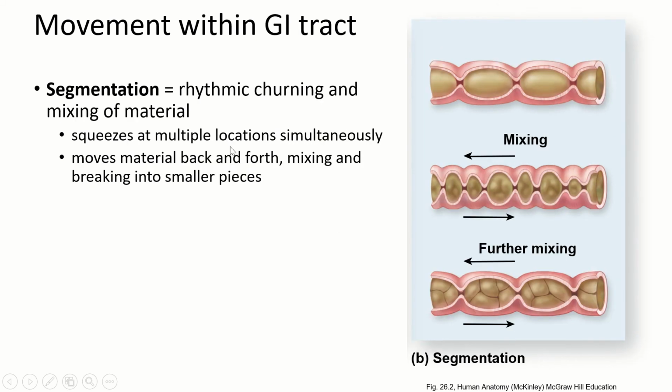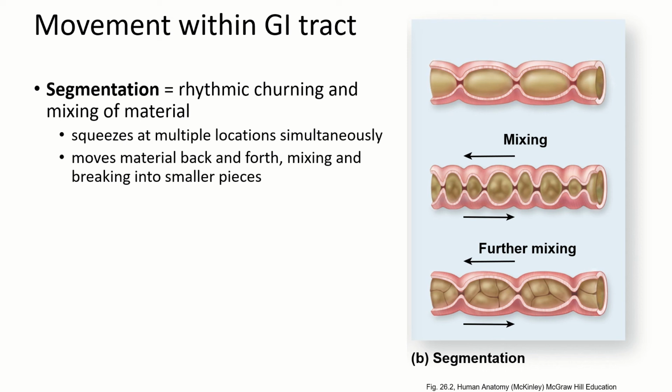Now, another kind of movement that happens in the GI tract is called segmentation. And segmentation is a churning and mixing of the material. So rather than just pushing one thing along, segmentation is going to have contractions that go in both directions to, first of all, mix material and also break it into smaller pieces.